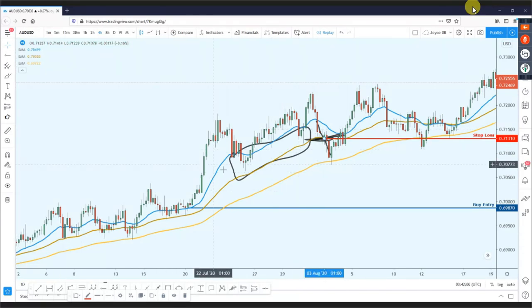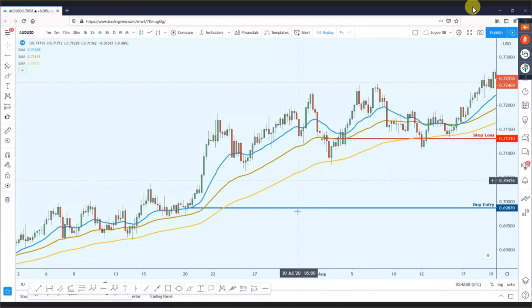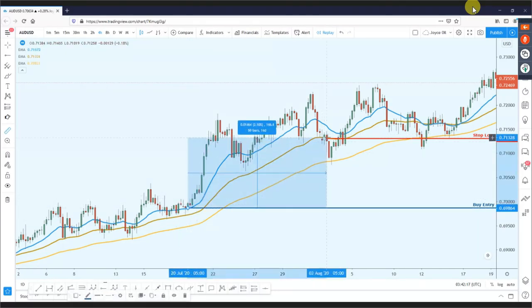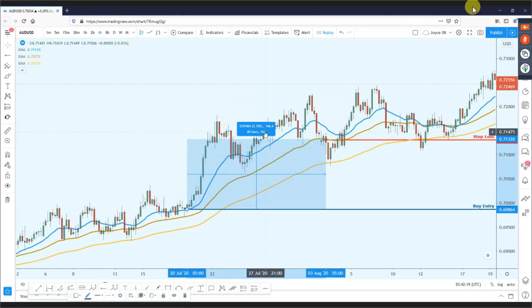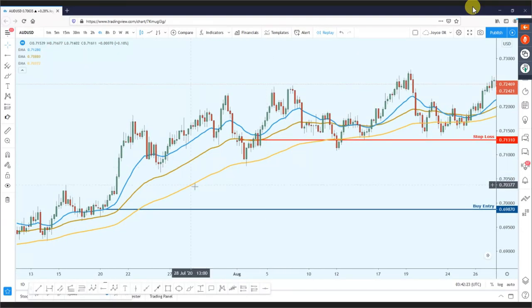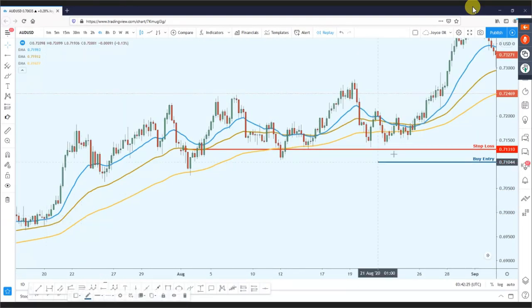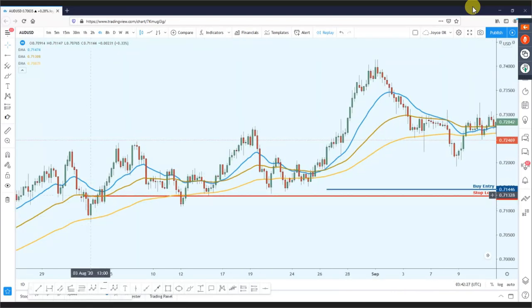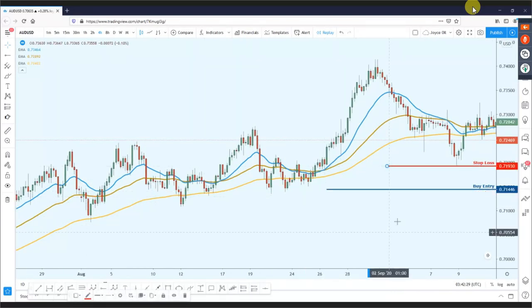So just using this indicator, it's already a good strategy for entry and exits. So from here to here, it's 146. That's not too bad.